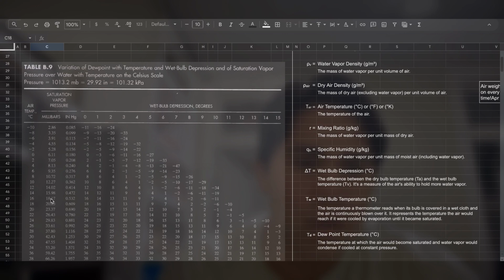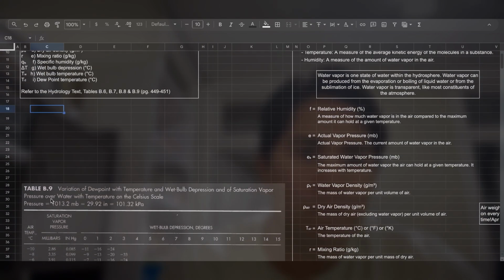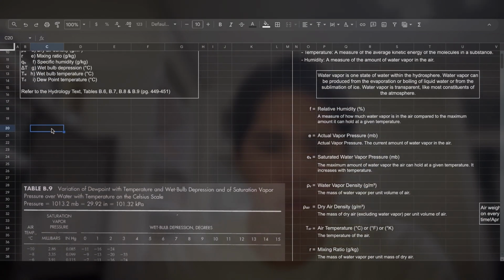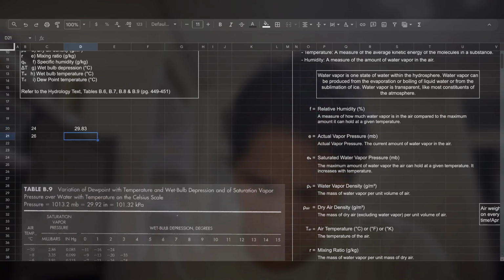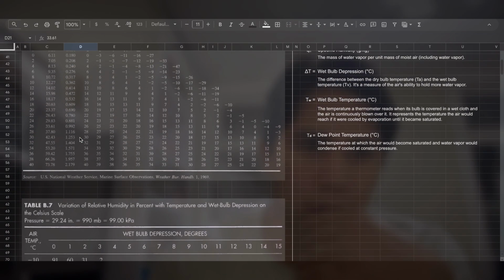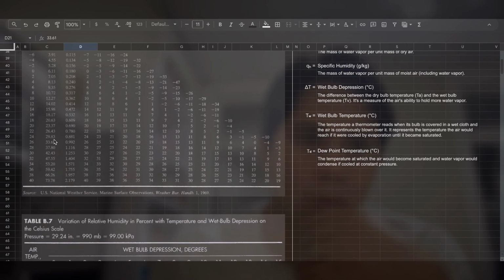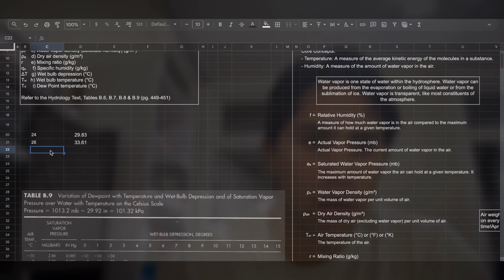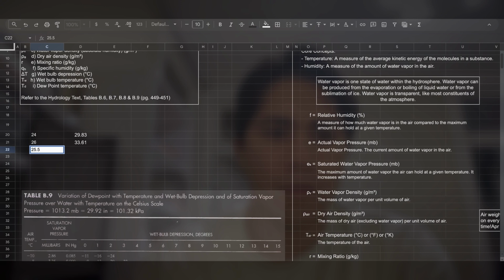So let's go ahead and use our forecast formula. We have 24, 26, 29.83, 33.61, and these two values are the ones here, 29.83 and 33.61, and we are interested in 25.5, right?